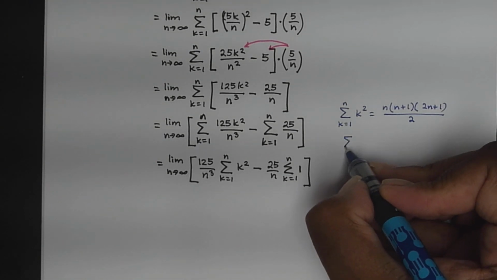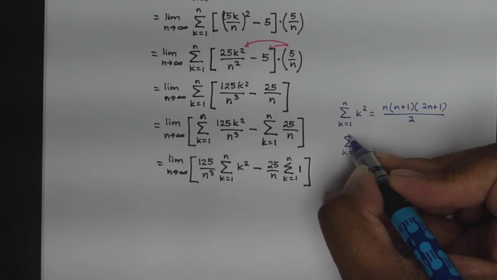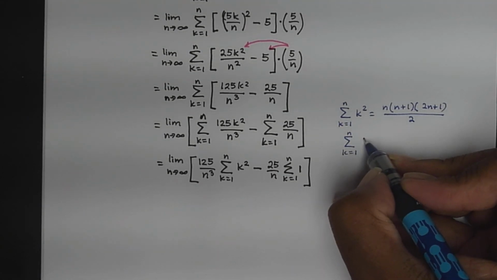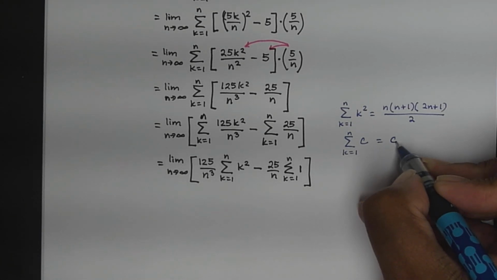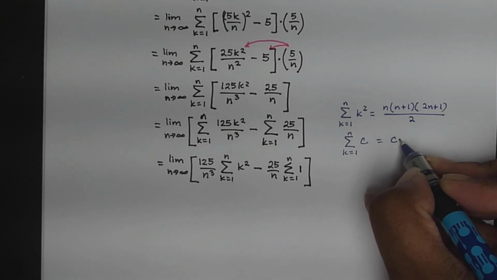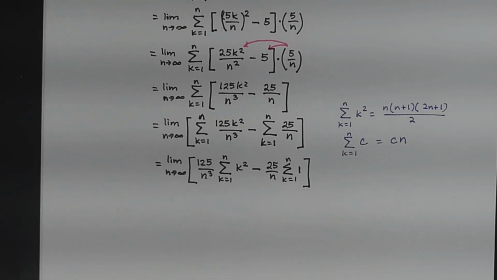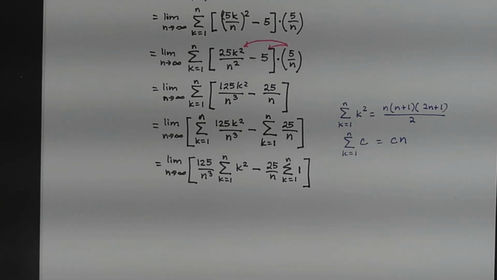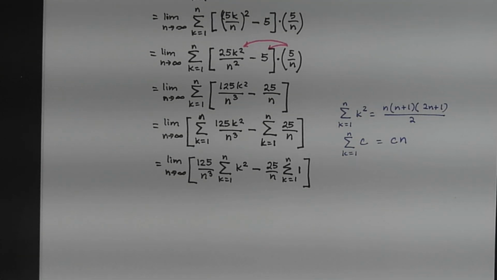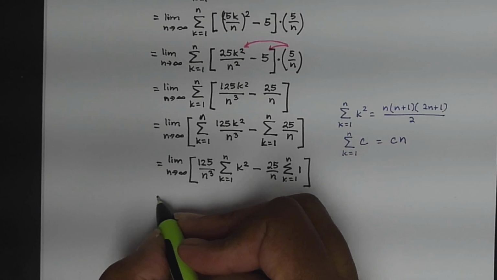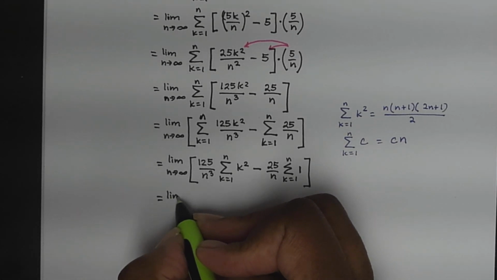And I'm also going to use this: the summation from k equals 1 to n of some constant c will be the constant times whatever n is, that upper limit. So here's what I'm going to do on the next line.